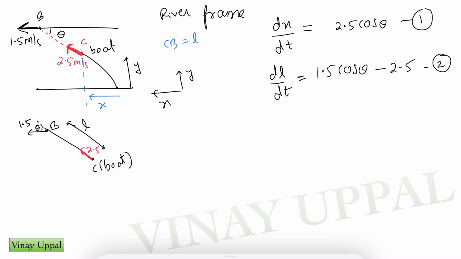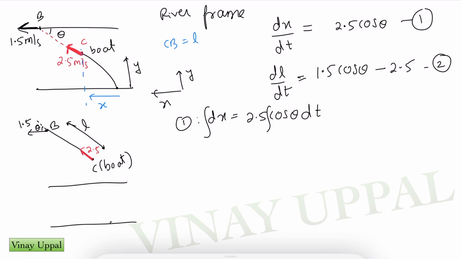Okay, so I'm going to integrate the first equation. So can I write dx is equal to 2.5 cos theta dt. Now in order to write down the limits, you have to understand we are working in the river frame, so the boat is going to travel something of this sort and eventually catch up with the point B. So let's say that is x naught, the final x coordinate of the boat when it catches up with point B. So can I write x coordinate initially was 0, finally it's x naught.